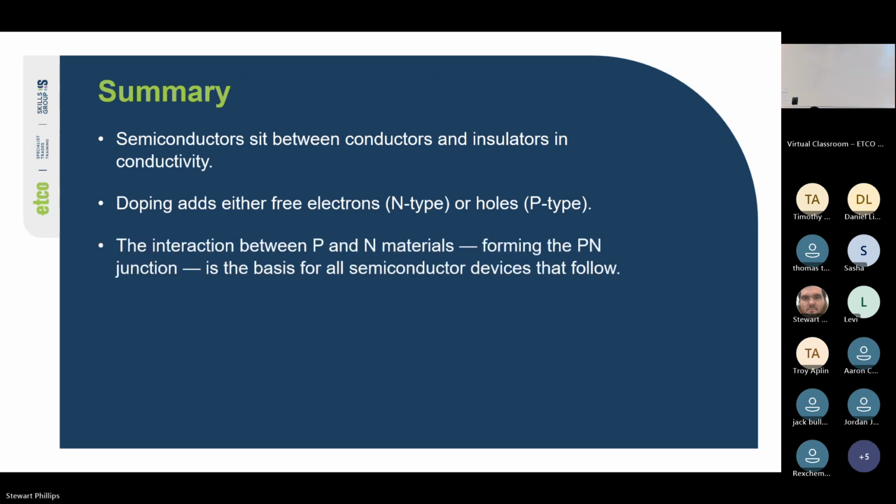So the interaction between P and N materials, forming the PN junction, which we're about to look at soon, is the basis for all semiconductor devices that follow. Cool. So I'll give you a chance to write these down. Does anyone have any questions before we move into the next section?